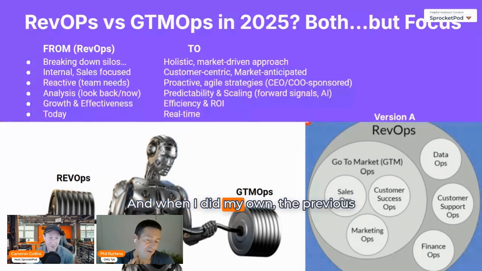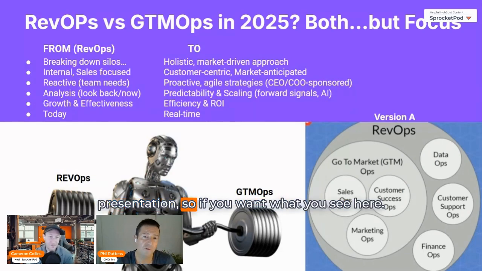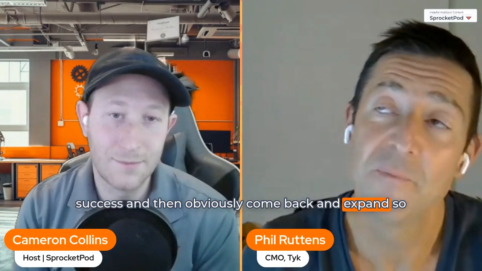It is. And when I did my own previous presentation, I think what you meant is GTM Ops in this version is very much like the flywheel. Right? It's attract, engage, convert, marketing, sales, and customer success, and then obviously come back and expand. And I'm not saying I agree with that definition.